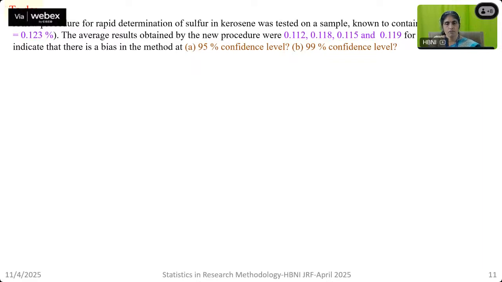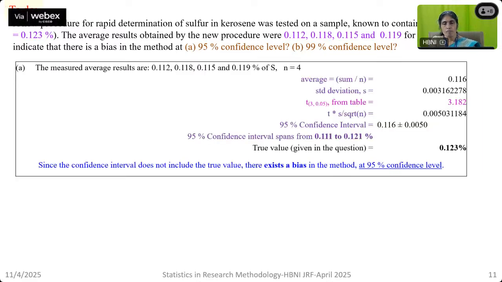That particular equation we have to apply: x bar plus or minus t·s by root n will be the confidence interval. Once you calculate the confidence interval corresponding to a particular significance level, say 95% confidence level, that is 0.05 or 5% significance level, the range will come out to be 0.11 to 0.121%, whereas the actual value of sulfur is 0.123%.